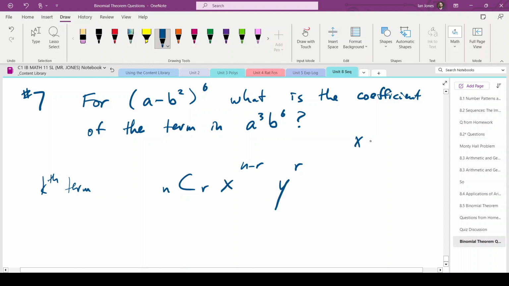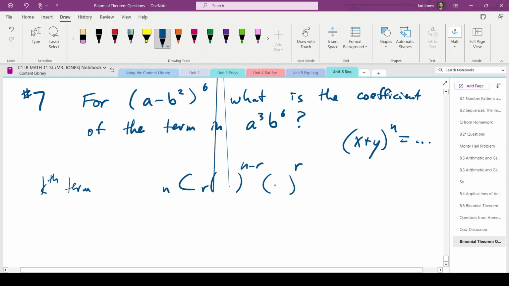Okay, x plus y to the n equals... Or, in fact, since it's pretty direct, I might even just put brackets in the place of the x and the y and put in the values from the binomial directly. I have an a here and a negative b squared there.